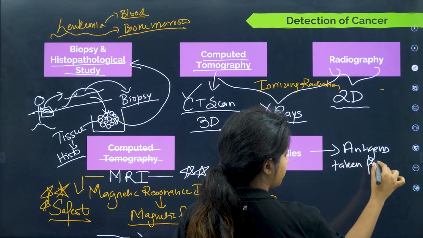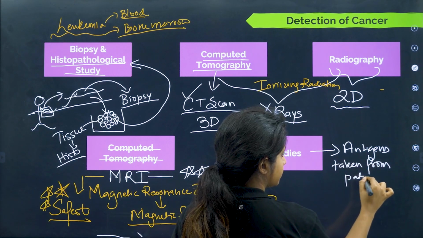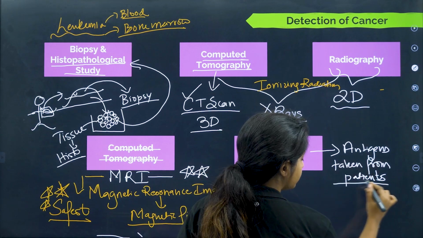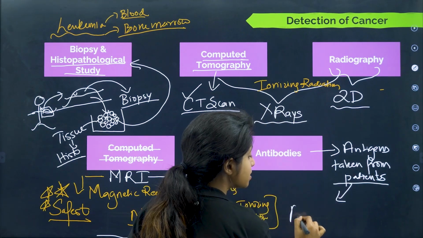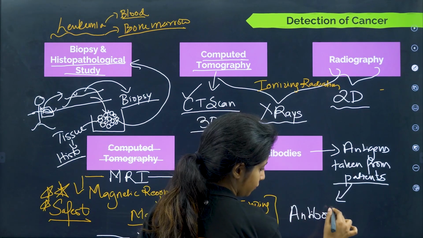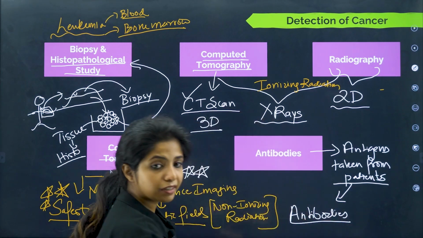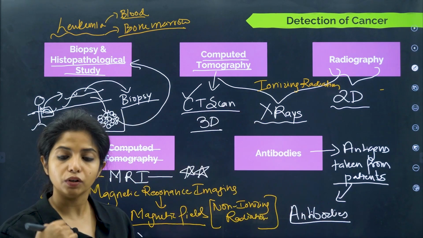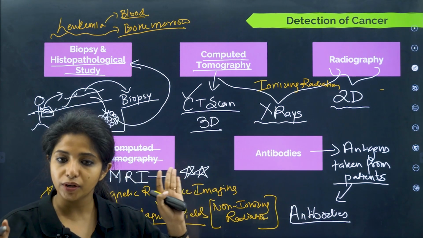Antigens taken from patients, and now it is allowed to react with certain antibodies that we already have. We know that these antibodies are produced by our body during cancer. So we have these antibodies overall.